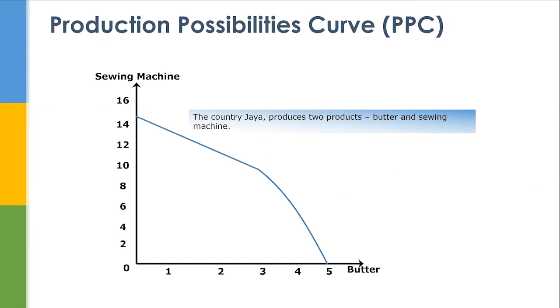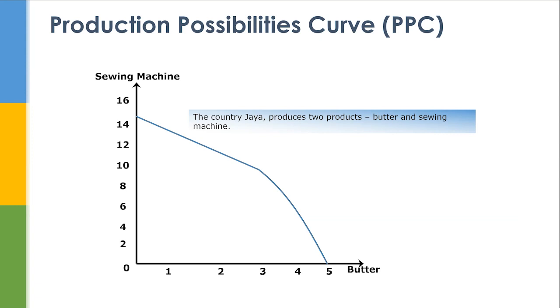Let's look at this graph. So this is production possibilities curve that I talked earlier. Okay, so contohnya dekat sini we have a country okay, a country named Jaya. Okay, Jaya ni sebuah negara that produce two products. Okay, butter and sewing machine. So butter random sangat. Okay. But never mind, this is just want to give you idea what is scarcity, what is opportunity cost and what is choice.